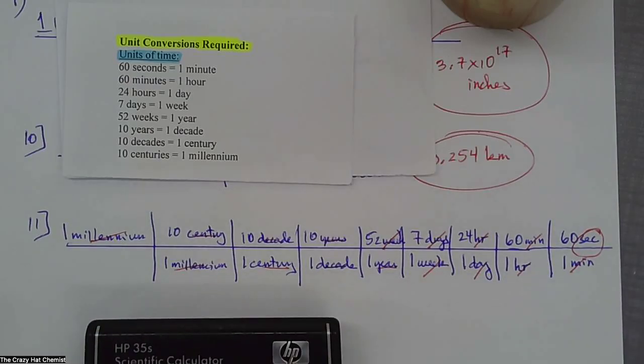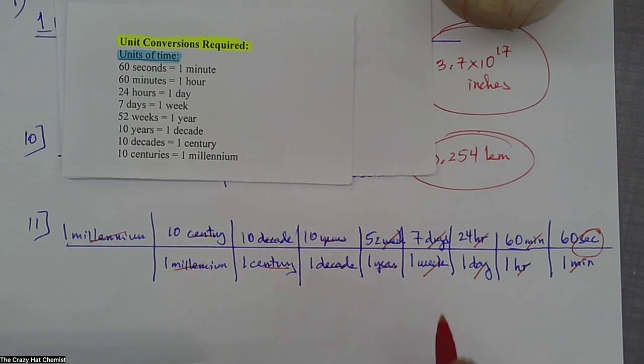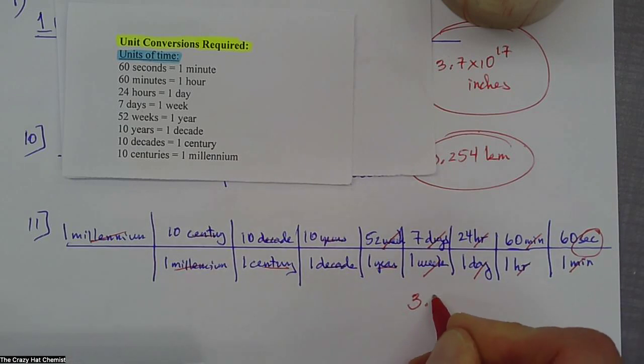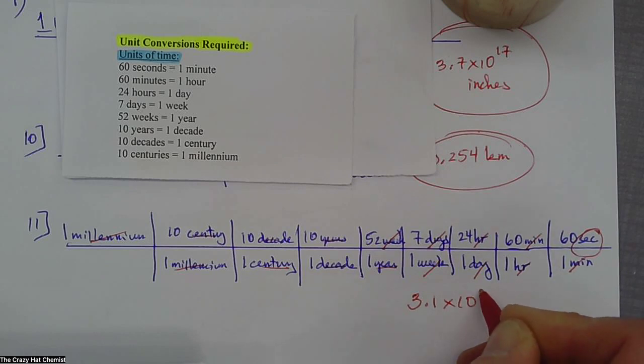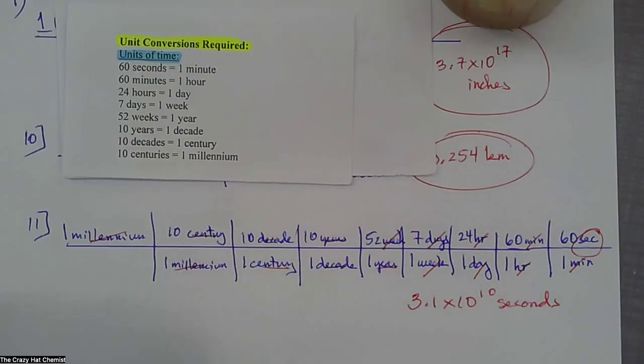And here we go: 1 times 10 times 10 times 10 times 52 times 7 times 24 times 60 times 60. And then we're going to put this in exponential notation because otherwise it's just crazy: 3.1 times 10 to the 10 seconds. So 1 millennium has 3.1 times 10 to the 10 seconds. Oh, holy moly. Check it out.